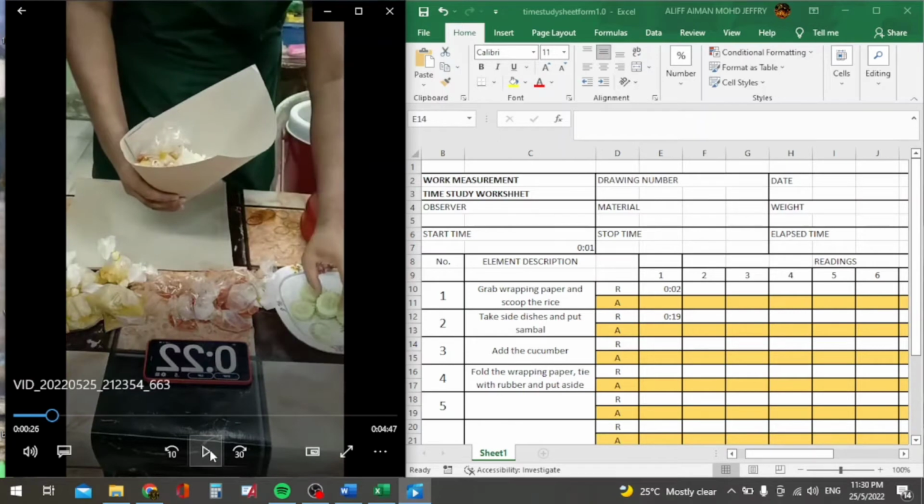Okay, for the third element the person touches the cucumber, and we take that time as 0.22 second.